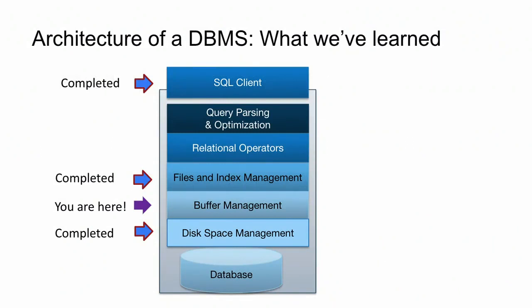So, what have we done so far? We've managed to talk about the SQL client. You guys did your project 1. And then we jumped all the way down to disk space management, and we did files and index management as well. We talked about B+ trees, we talked about slotted pages, fixed length pages, etc. But we didn't really talk about the part in the middle.